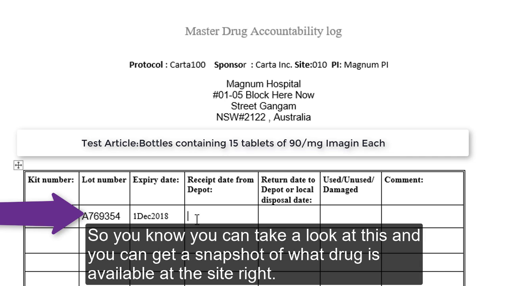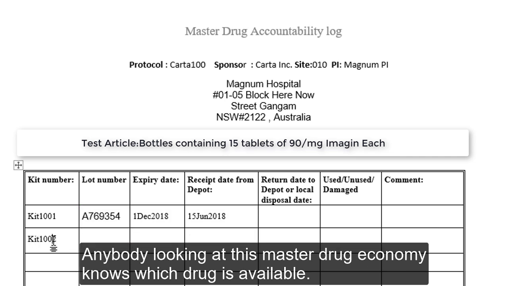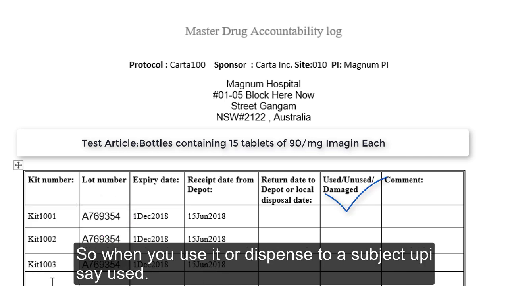You can take a look at this and get a snapshot of what drug is available at site, right? Receipt date from the depot. Remember the day I signed the shipment receipt, it was 15th June. Anybody looking at this Master Drug Accountability Log knows which drug is available at site and what the expiry date is. There's another column for used, unused, damaged. When you dispense to a subject, I mark it used and record which subject it was used for.